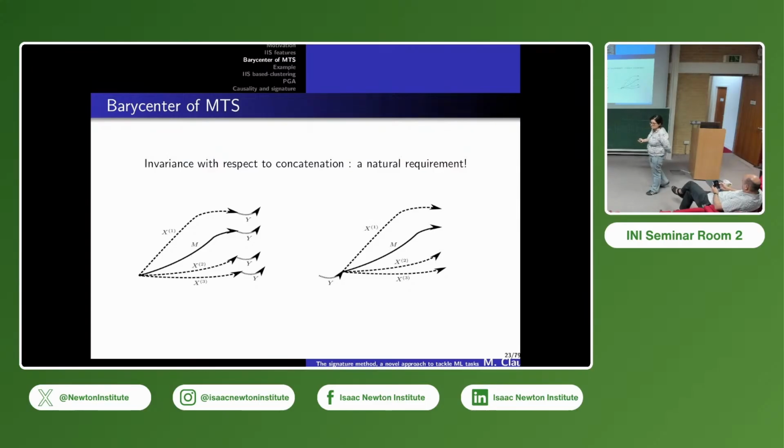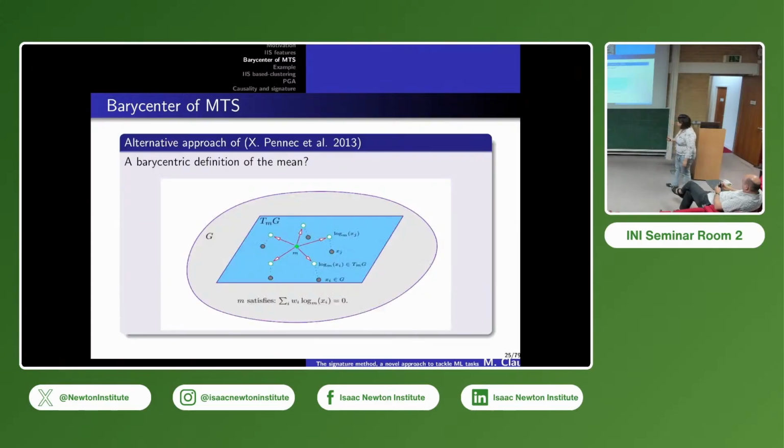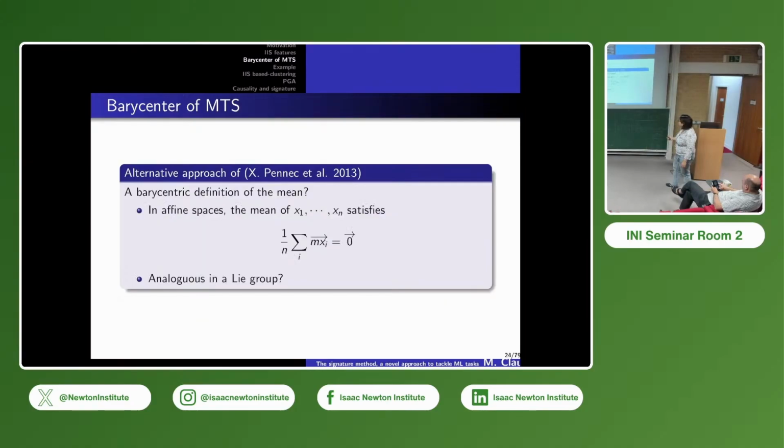Yeah, exactly. And here, what you are doing, you are considering the definition of Pennec, okay? And Pennec is considering the mean as a barycenter. If you do that, it will work because you will have an optimization function that you can penalize, and you can also have explicit formulas.